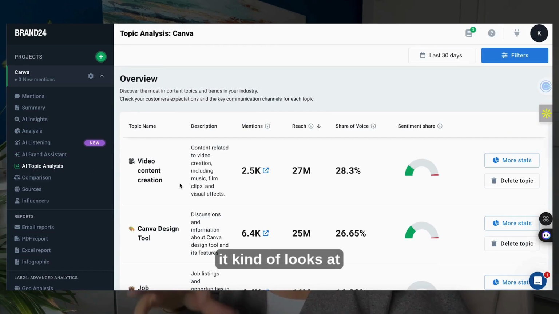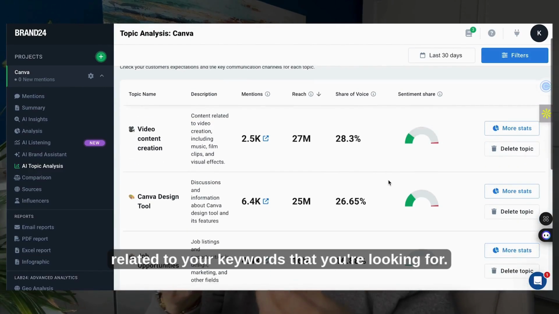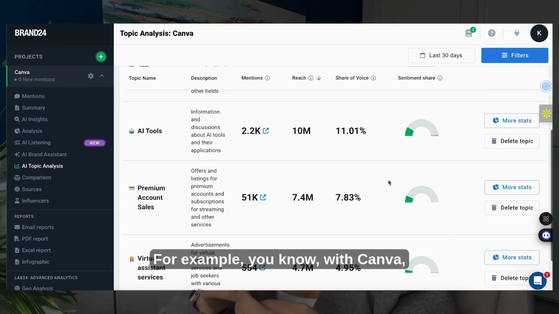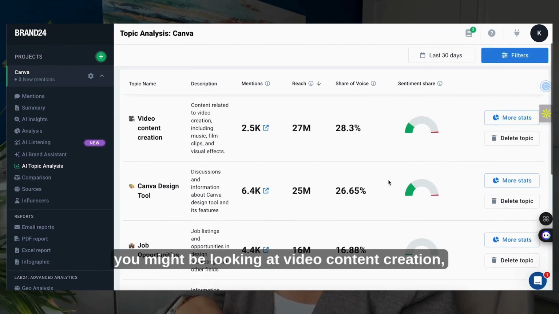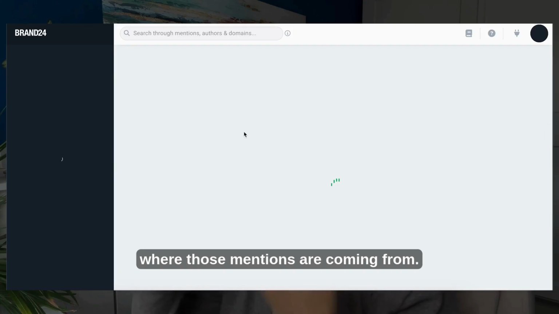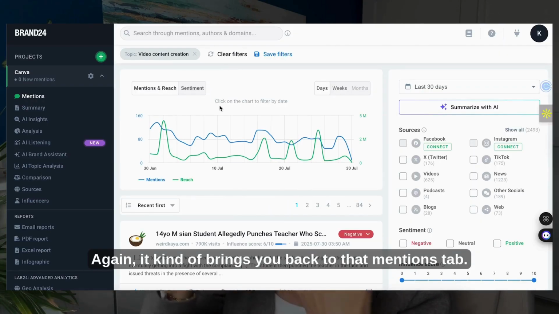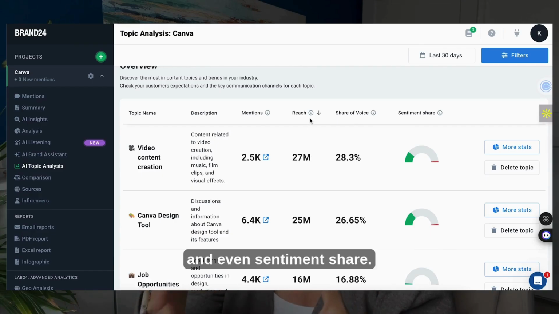Then you also have AI topic analysis. It looks at things that are related to keywords that you're looking for. For example, with Canva, you might be looking at video content creation, right? And you can look at how many mentions it has, where those mentions are coming from. Again, it brings you back to that mentions tab. You can look at the reach, share of voice, and even sentiment share.